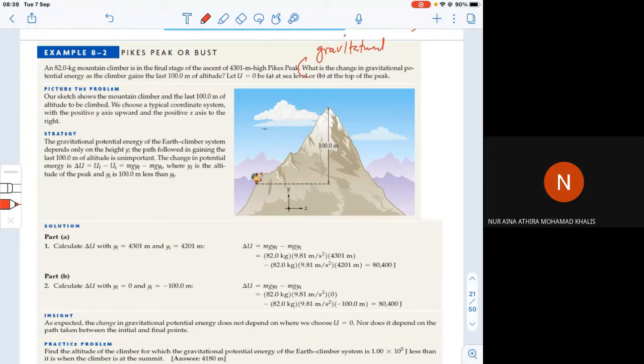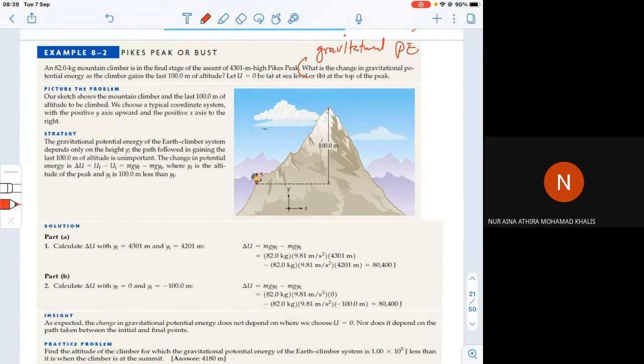Look at how they write it down. This is not a gravitational force; this is gravitational potential energy, because when we talk about potential energy, it must involve a situation where there is some distance along the y-axis.